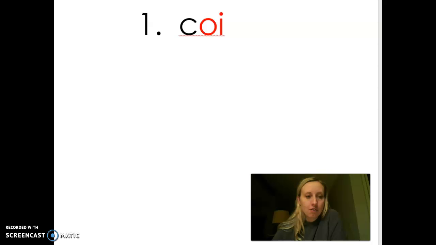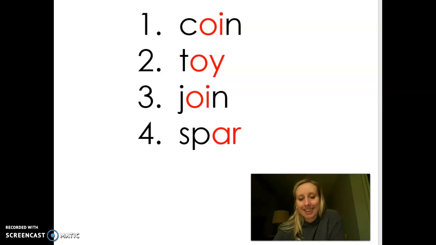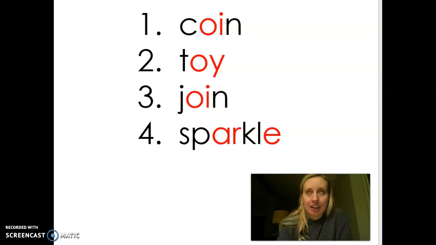Okay, anyway, so here we're going to read some more words. Okay, here we go. 3, 2, 1, coin. 3, 2, 1, toy. 3, 2, 1, join. 3, oh, this has 2 parts. So 3, 2, 1, spar. So we have spar, and then let's add the final stable syllable, sparkle.